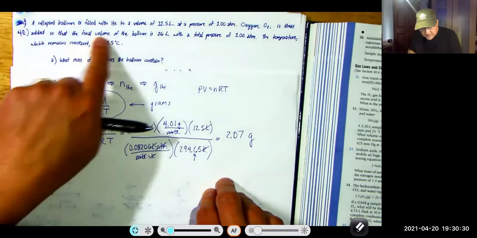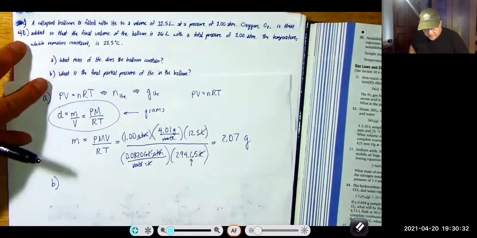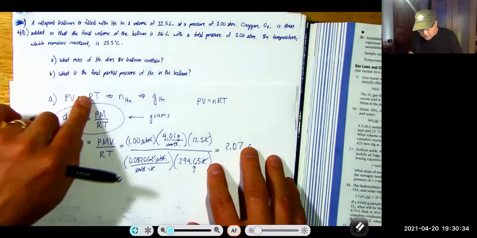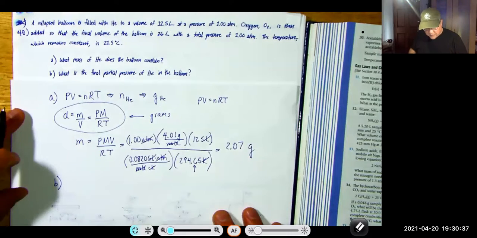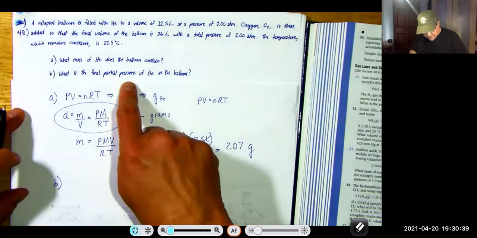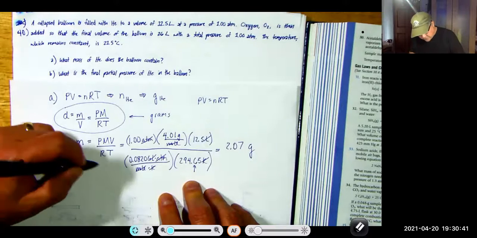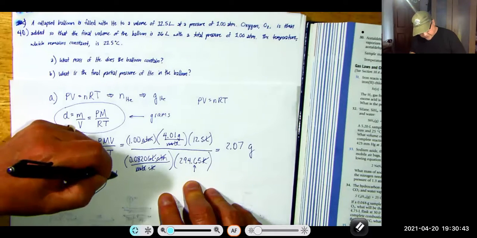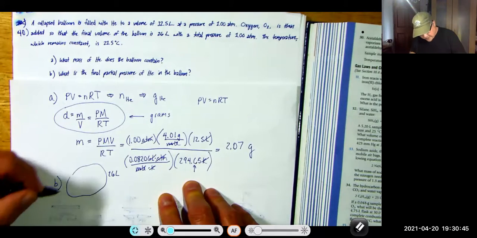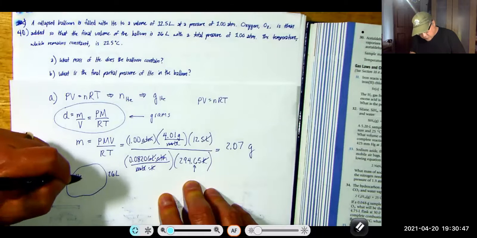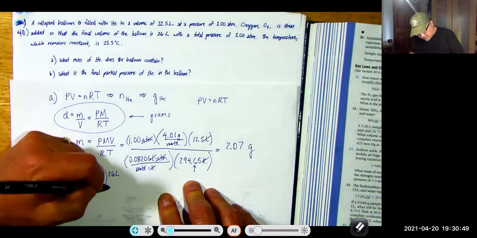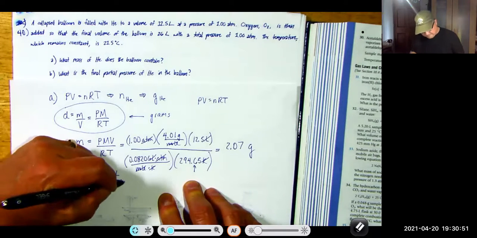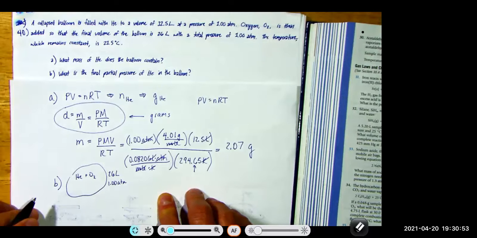Now, letter B, what is the final partial pressure of helium in the balloon? So I think what they're talking about for B is after you got 26 liters and you had helium here and O2 in here and 1.00 atm, right? Right.